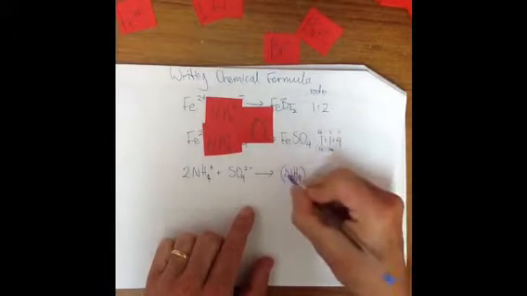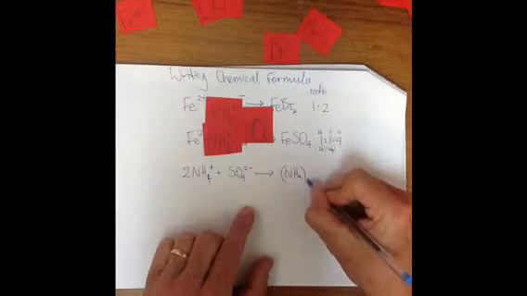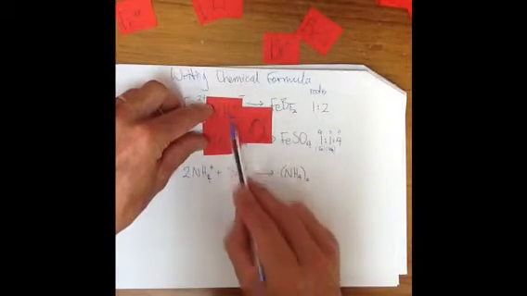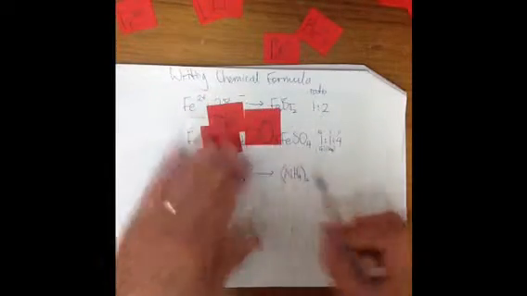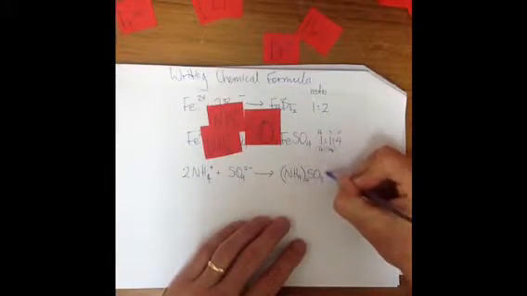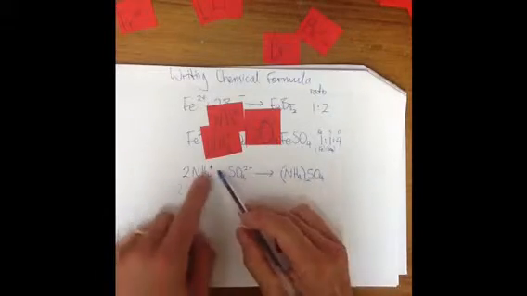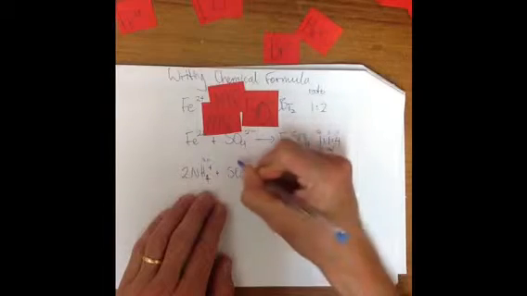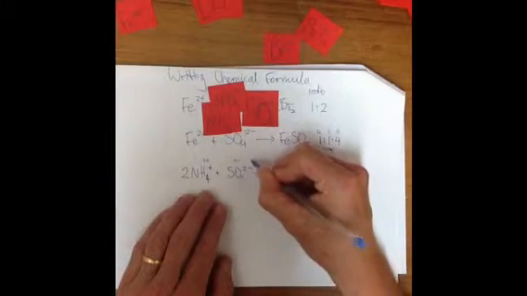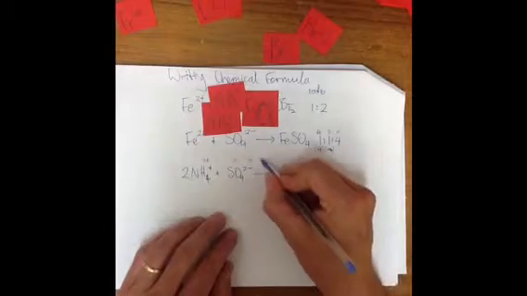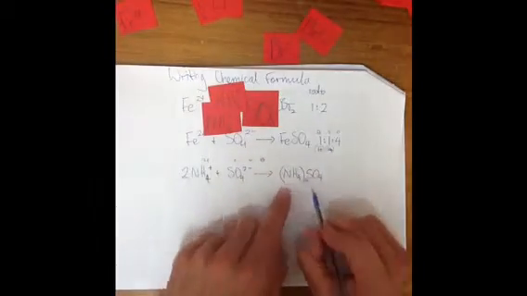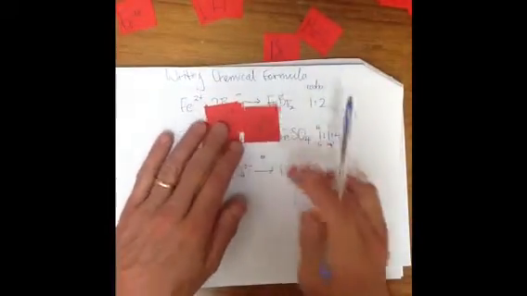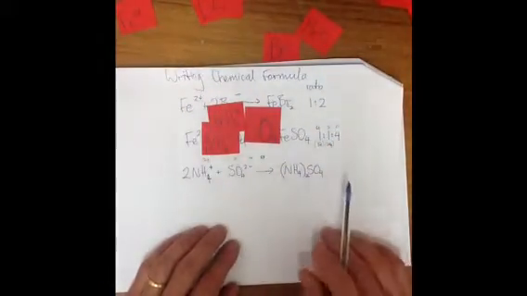We place brackets around NH4 and put the 2 down the bottom because I'm needing 2 lots of NH4 plus to balance out 1 SO4. The charges have ended up balanced here because we have a 2 plus, a 2 minus, and together they equal 0. So when you come across this type of polyatomic ion, this is when we use brackets to indicate that we're using 2 of them.